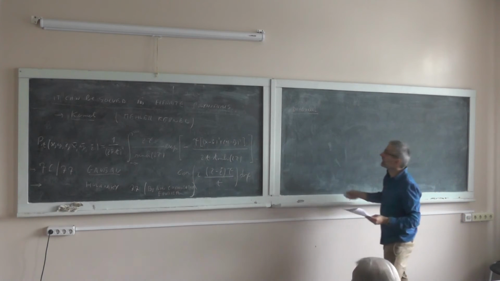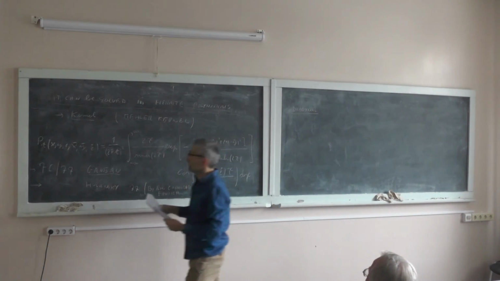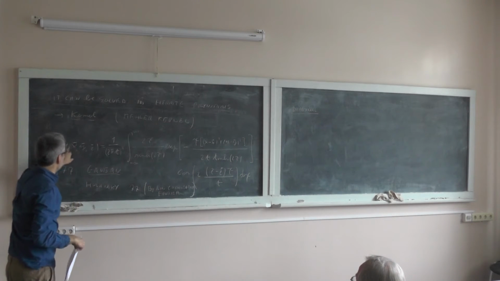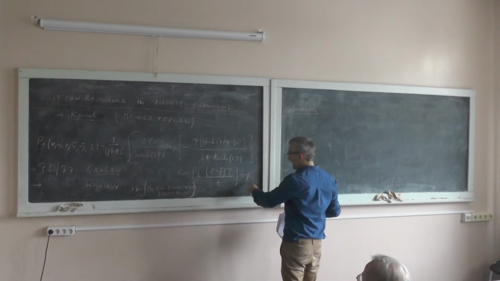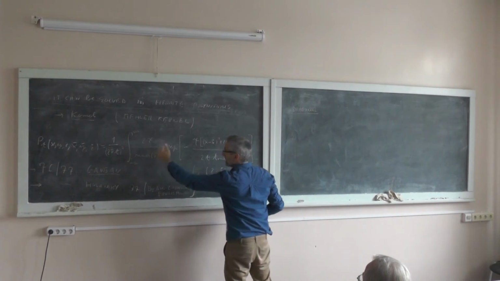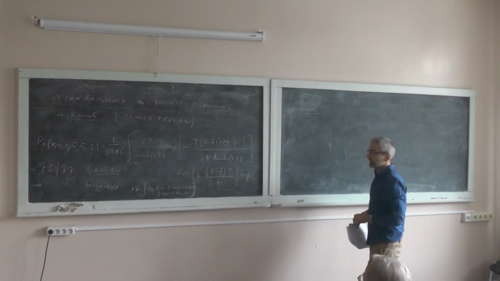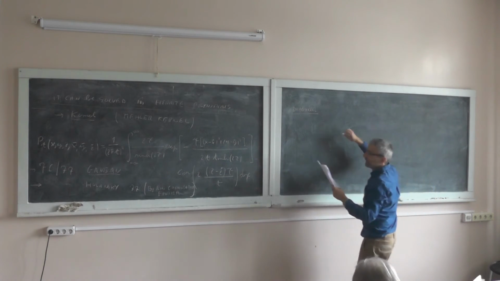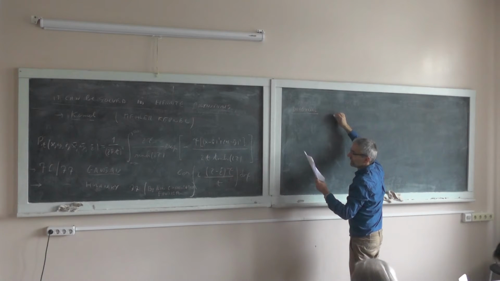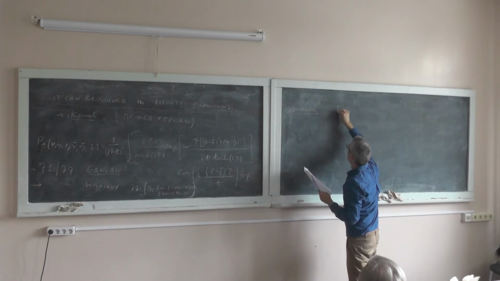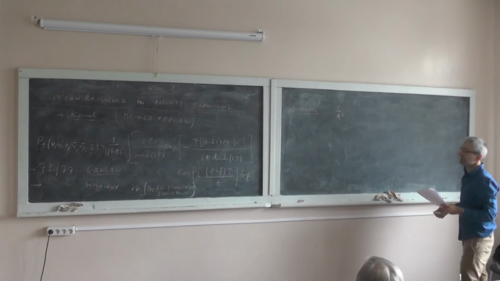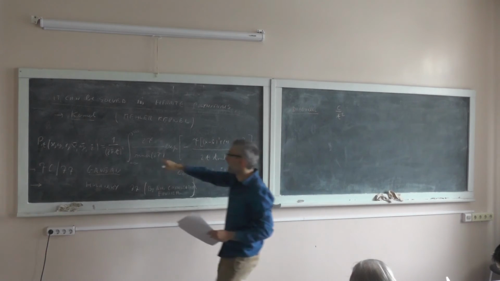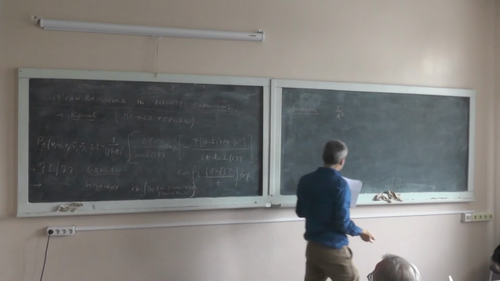On the diagonal means that you are at the same point here, y and z. So all this will be killed, this will be killed, and you remain with the integral of some function that is finite. And so on the diagonal you get just a constant divided by t squared.